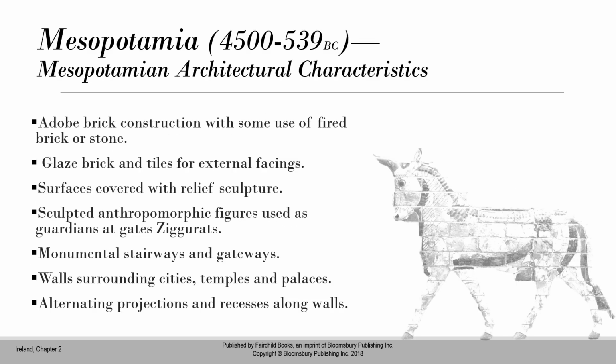Recognizable Mesopotamian architectural characteristics include adobe brick construction with some use of fired brick or stone, the inclusion of glazed brick and tile, surfaces covered with relief sculptures, sculpted anthropomorphic figures used as guardians at the gates of the ziggurats, monumental stairways and gateways, walls surrounding cities, temples, and palaces, as well as alternating projections and recesses along walls.